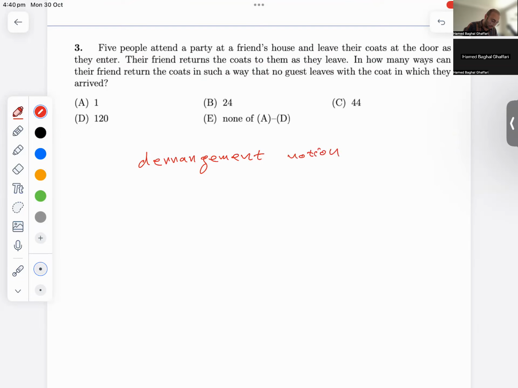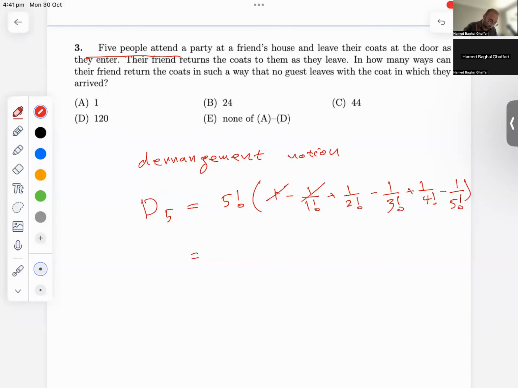So we see that we've got 5 people here. So the answer is D sub 5. From here, 5 factorial times (1 minus 1 over 1 factorial plus 1 over 2 factorial minus 1 over 3 factorial plus 1 over 4 factorial minus 1 over 5 factorial). From here, I can cancel these two. So 5 factorial times 1 over 2 factorial will be 5 times 4 times 3.